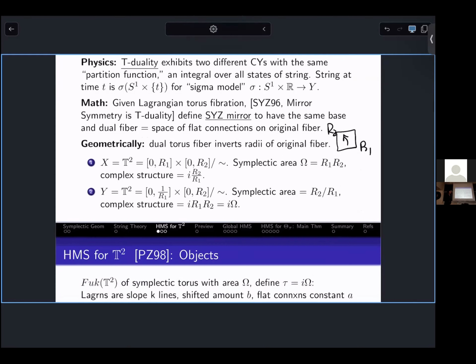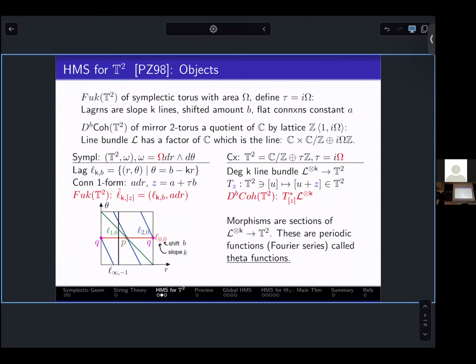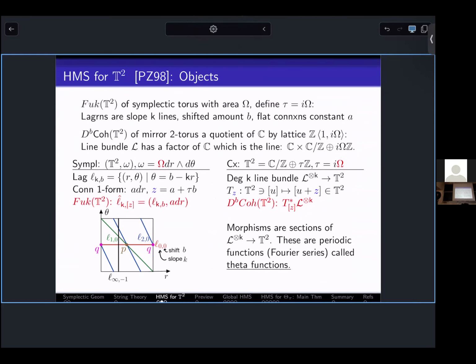Okay. So speaking of branes, let's look at T2. What are the objects? The Fukaya category, so we're taking this as the symplectic form, is the omega, and we're defining a variable tau, which is i times omega. Lagrangians we saw are slope k lines, and we allowed two more numbers.